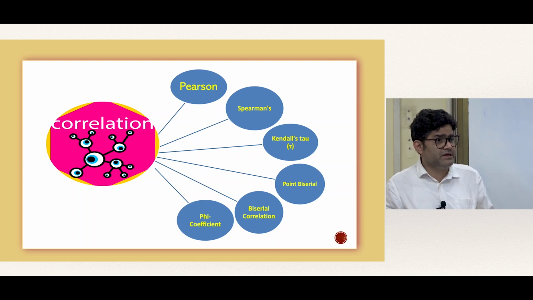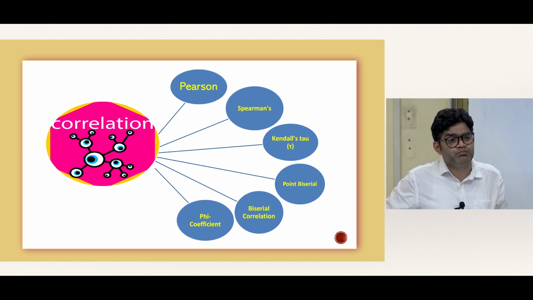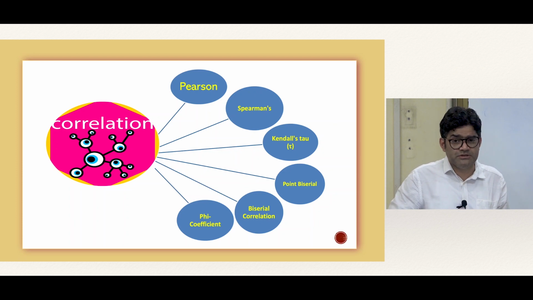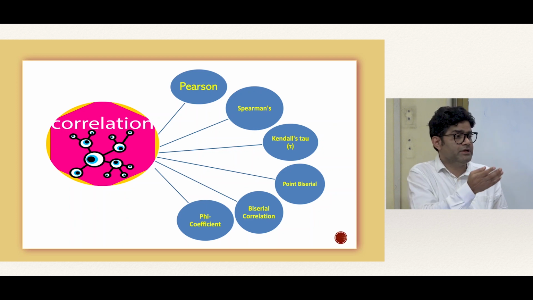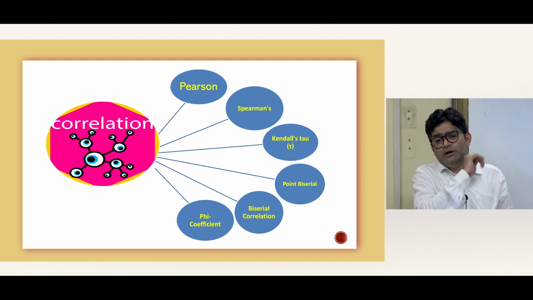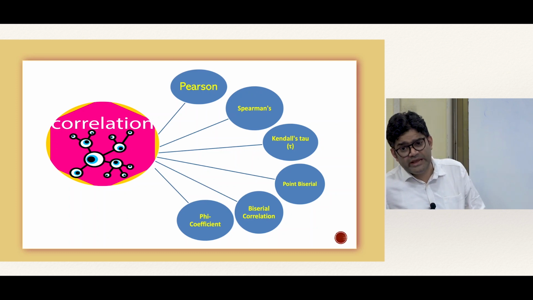So what exactly does normal mean? Normal generally means that when we are plotting a scatter plot or a frequency distribution, in any type of plotting, the outcome variable or response goes on the y-axis, and the independent variable we generally put on the x-axis.